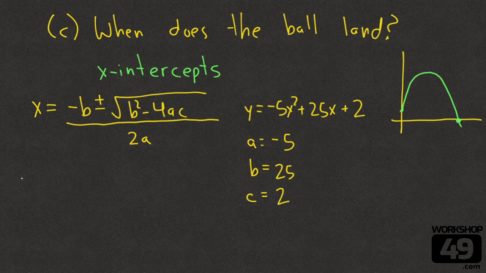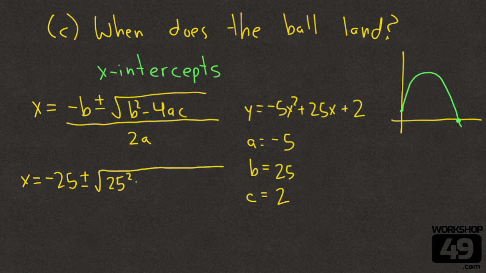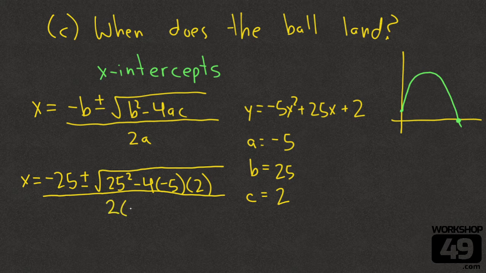So we can fill these in to our quadratic formula, and we're going to get x equals negative 25, the negative of our b value, plus or minus the square root, big ol' square root there, of 25 squared minus 4 times our a value, negative 5, times our c value, 2, all over 2 times our a value, negative 5.